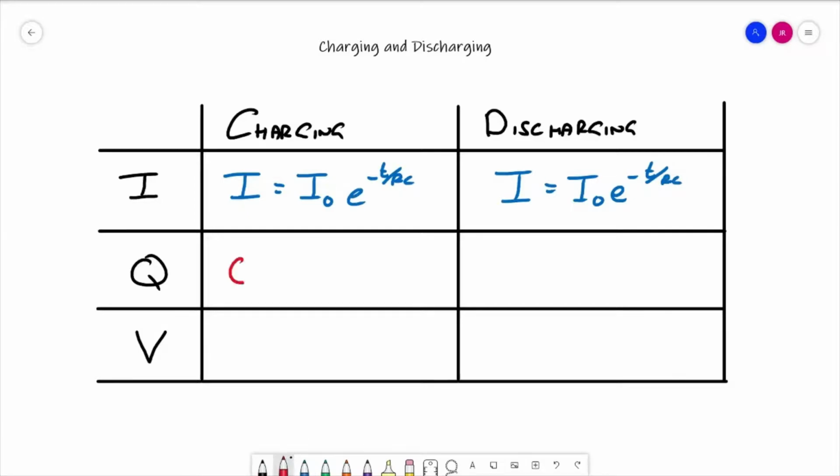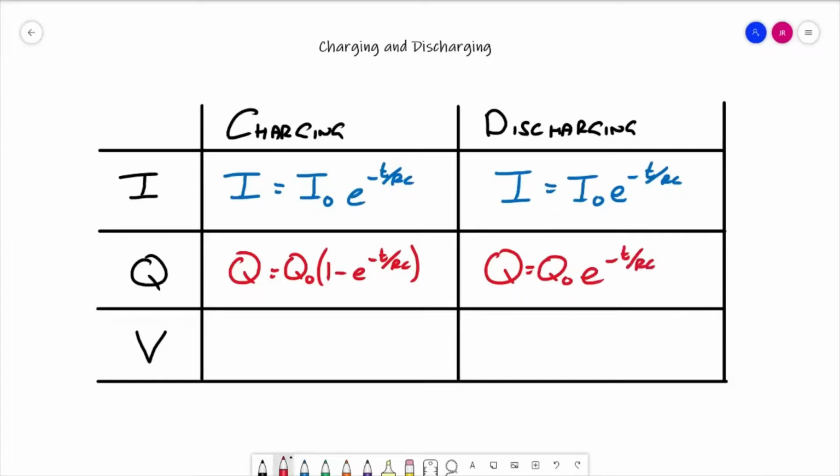For charge, when we're charging, we use Q is equal to Q naught (1 minus e to the minus t over RC), whereas when we discharge a capacitor, we just go Q is equal to Q naught e to the minus t over RC. And then for potential difference, obviously that's the potential difference across the capacitor.